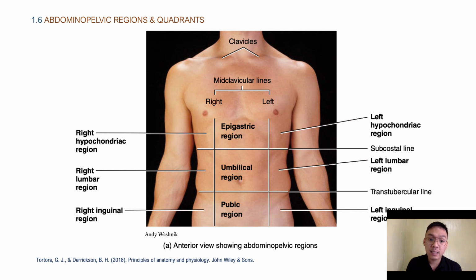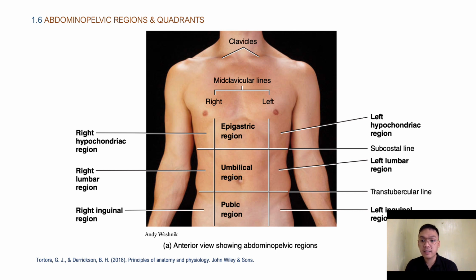This is the right and the left. Okay, this is the right hypochondriac region, right lumbar region, and right inguinal region. On the left, hypochondriac region, left lumbar region, and your left inguinal region.